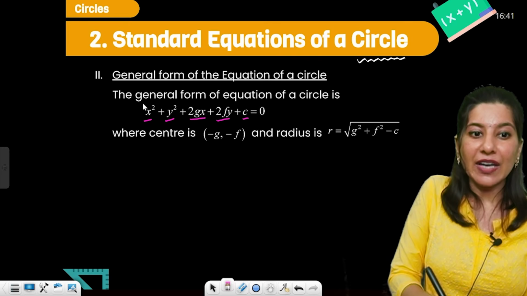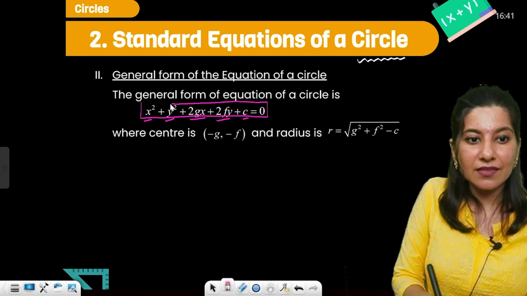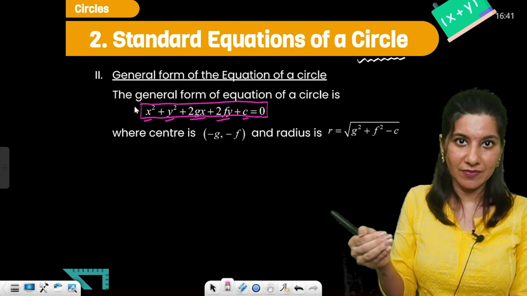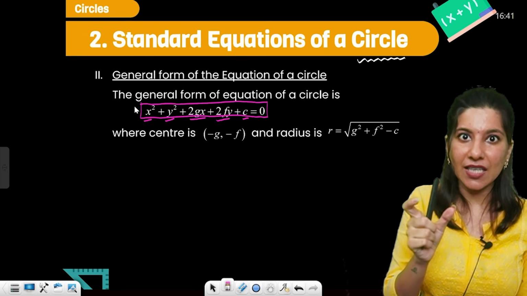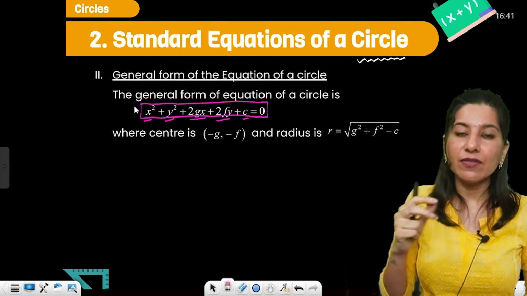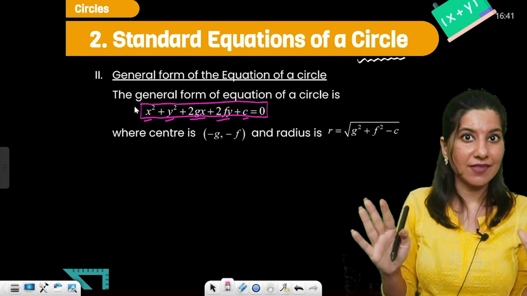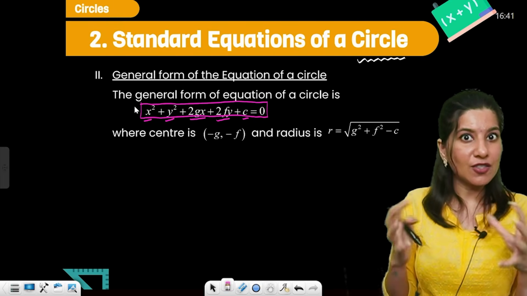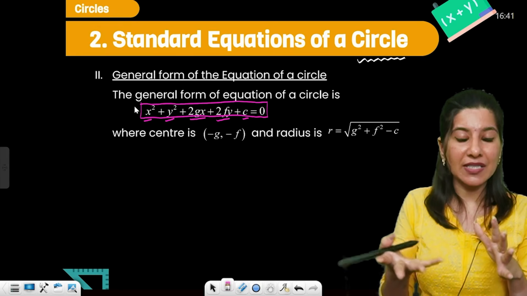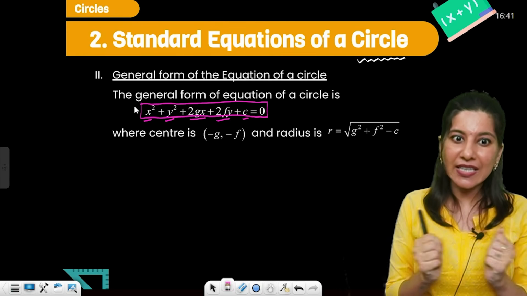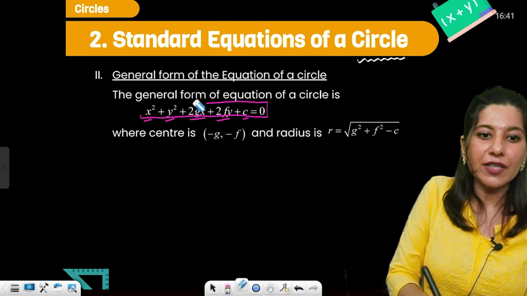Okay. So whenever you see the expanded form of a second degree equation, that means that we have actually opened the square, x minus h whole square is opened, solved. Y minus k whole square is solved, right? Equal to r square. So everything is solved.